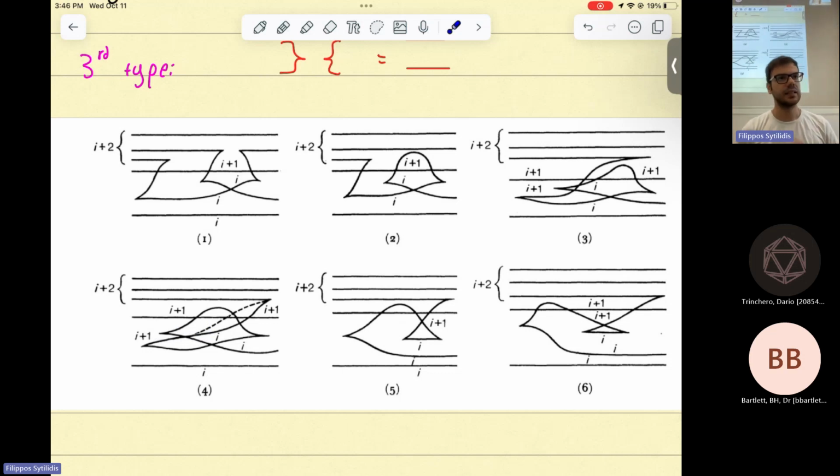Yeah, okay. That's right. There's 2 Reidemeister 3s exactly. And I think here that's a big move. You take this cusp and you move it inside. Is that true, or am I missing something?